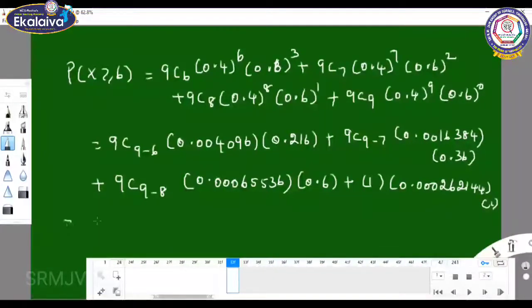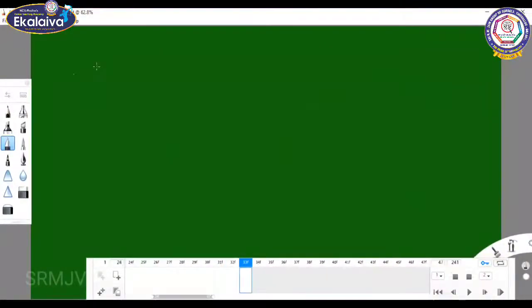See, 9C6 is nothing but 9C3. 9C3 into 0.004096 into 0.216, plus 9C3's next.